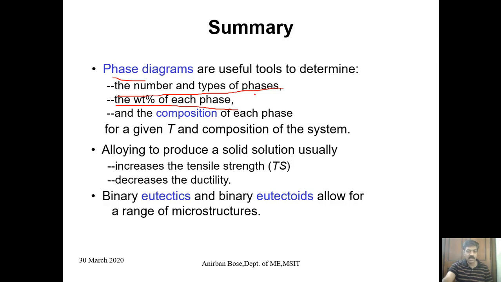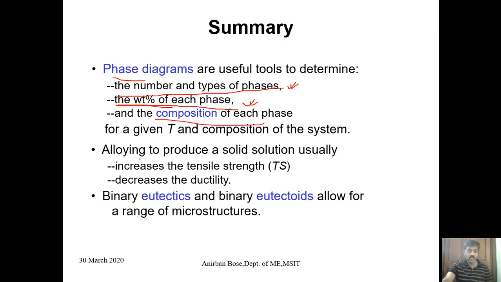We have seen how we can find out the phases, their composition, their weight fraction. How can we find out the composition? If you remember, you can find out the composition by drawing the tie line in a two-phase region. You can find out the weight fraction by the lever rule. So for a given temperature and composition of the system, these things we can find out.